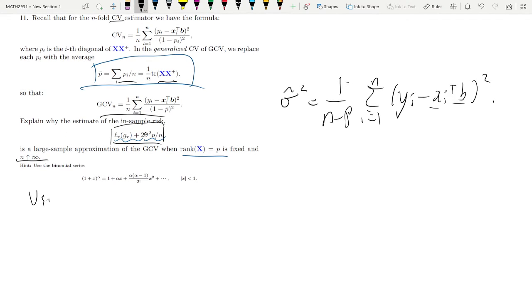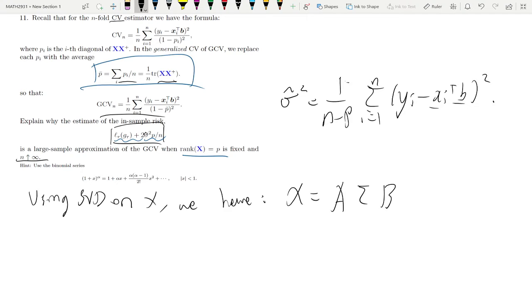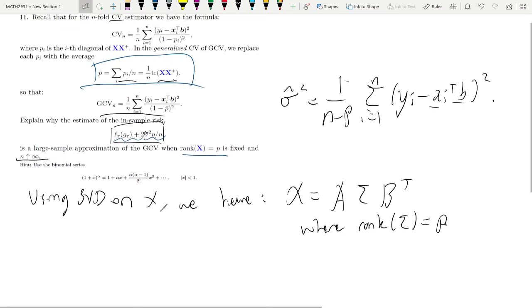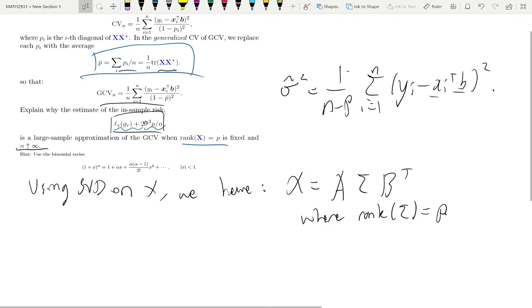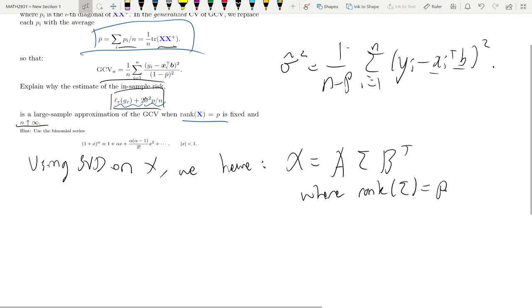So using SVD on x, we have x equals, I'll use A in this case, A sigma B transpose, where rank of sigma equals p, right? Because this is the same reasoning as quiz 1, question 10. The ranks are the same as the full matrix.